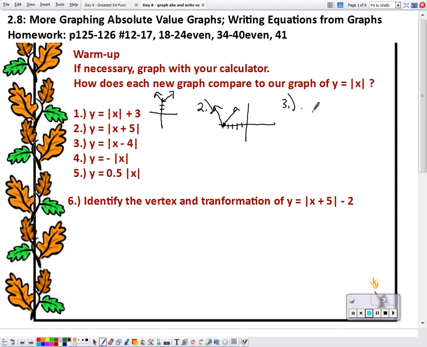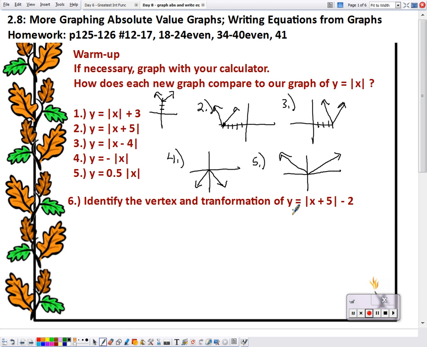Number 3 has a vertex of 4, 0, 1, 2, 3, 4. Number 4 has a vertex of 0, 0, but opens down. So it looks like this. And number 5 has a vertex of 0, 0, but it looks a little wider than our parent graph.